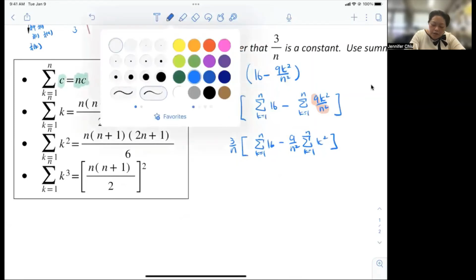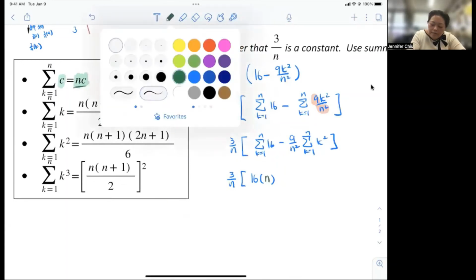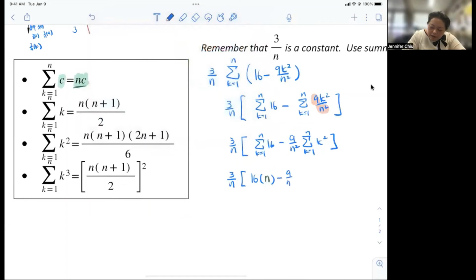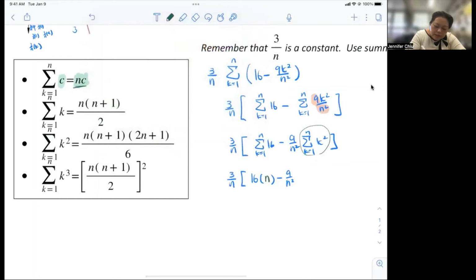So my equation here now becomes 3 over n, 16 times n. So that's the formula, 16 times n, the constant, right? And then minus 9 over n squared. And your formula for this piece, that's this one right here, it gets replaced with n times n plus 1 times 2n plus 1 all over 6.